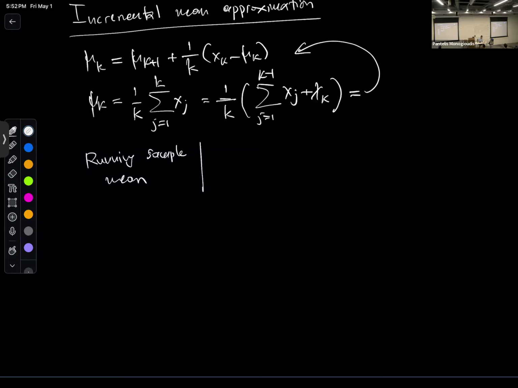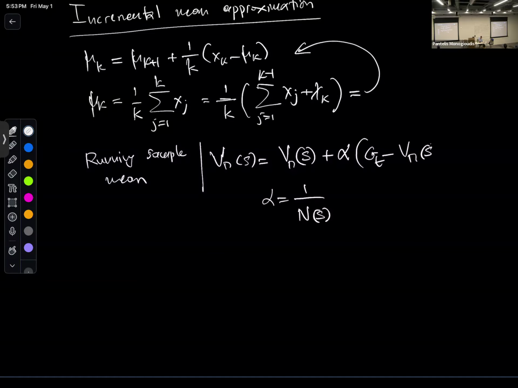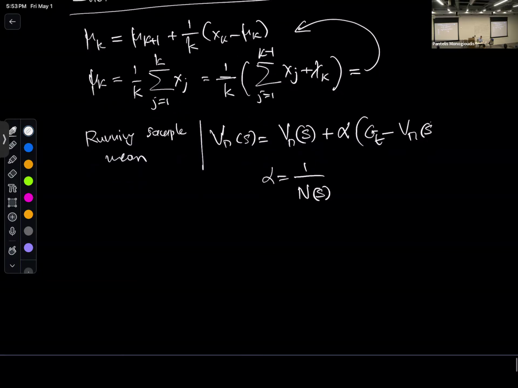So I am having here the expression V pi of S is equal to V pi of S plus alpha times G_t minus V pi of S, where alpha is 1 over N(S), and this is less than 1.